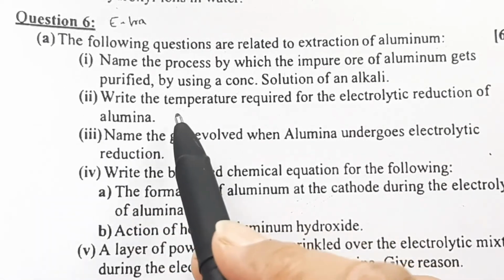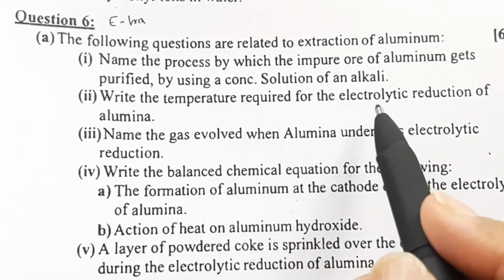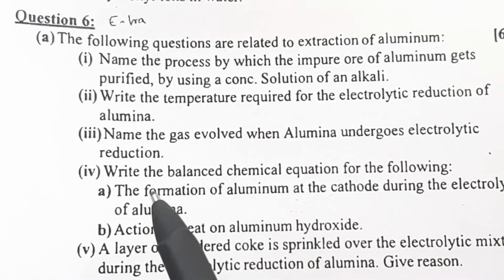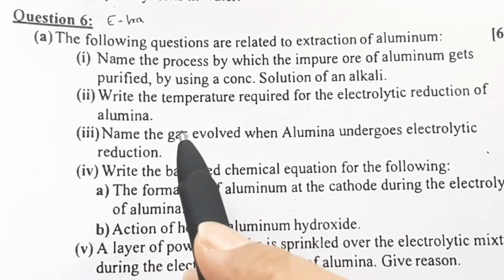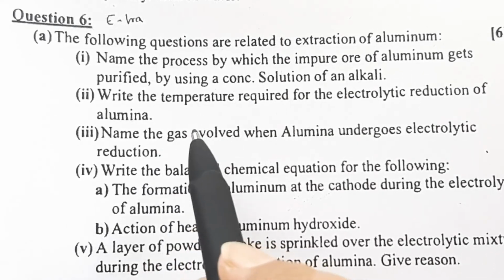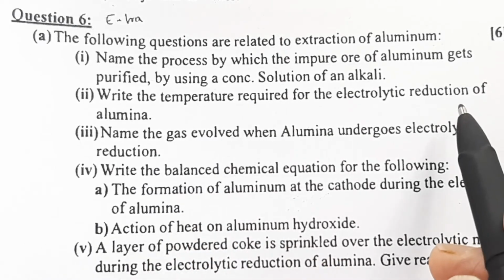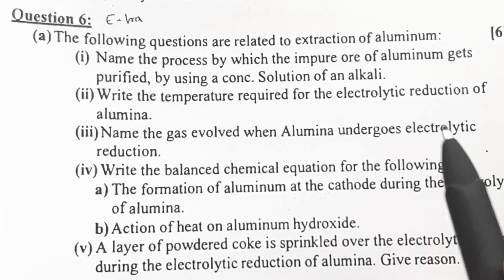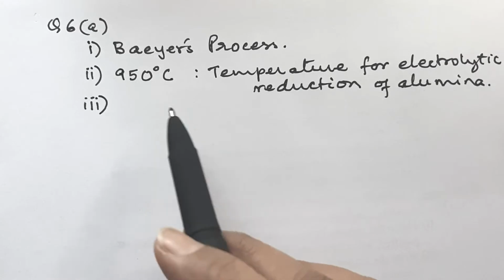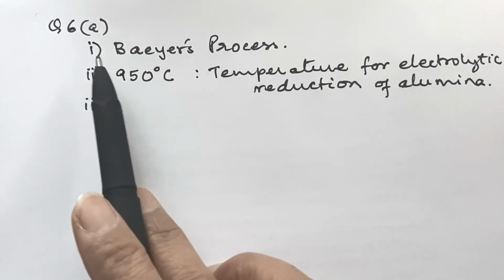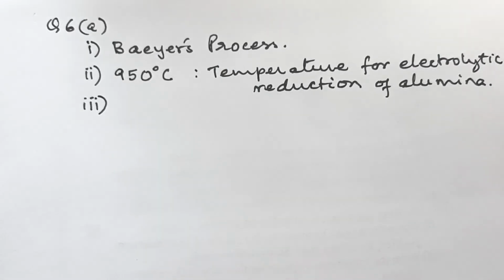Number 2, write the temperature required for the electrolytic reduction of alumina. Now, alumina is Al2O3. Okay, now the temperature at which it is reduced. So the temperature for electrolytic reduction of alumina is 950 degrees C, and the earlier answer was Bayer's process.